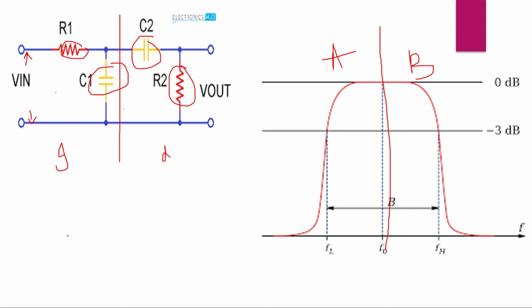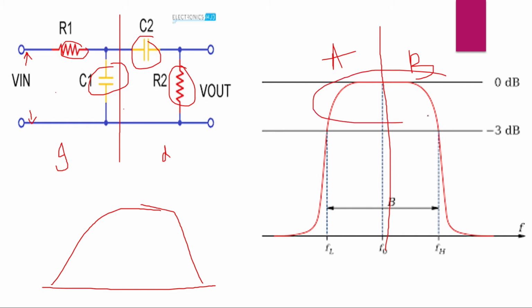So if you draw the response, what is the response of a low pass filter? Low pass filter response is like this. High pass filter response is like this. So we are combining both low pass and high pass filters, and we are getting the output as a band pass filter, which has cutoff frequencies, a lower frequency and an upper frequency.